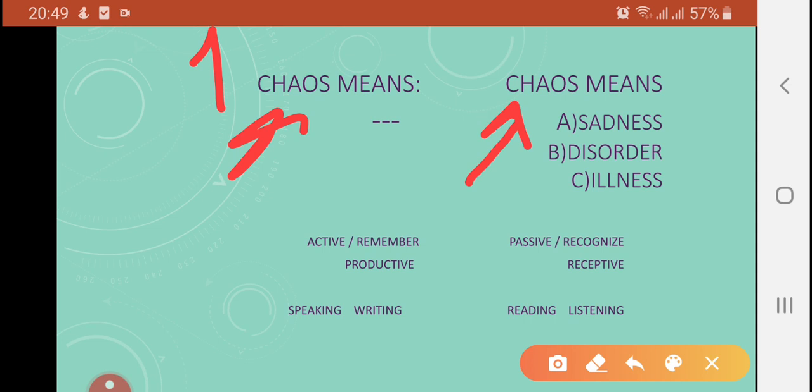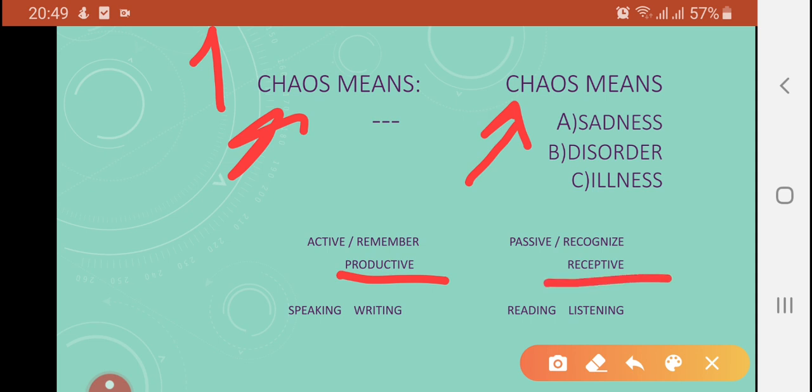In English, like any other language, you have two kinds of skills. We have productive skills and receptive skills. We usually use productive skills when we are trying to remember, so we use our active vocabulary, and we do it usually while speaking or writing.